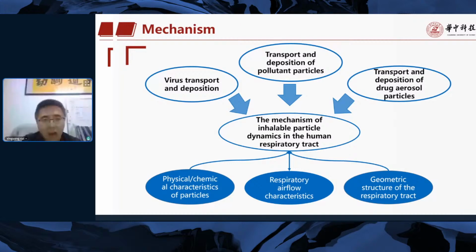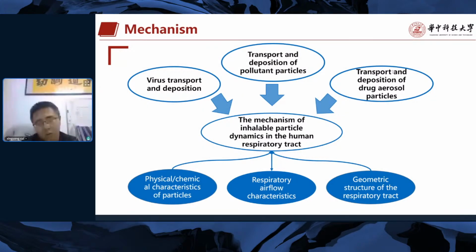And in this area, for particles in the human respiratory system, we have maybe three main motivations. One is virus transport, another is environmental air pollution, and the third one is inhaled drugs.